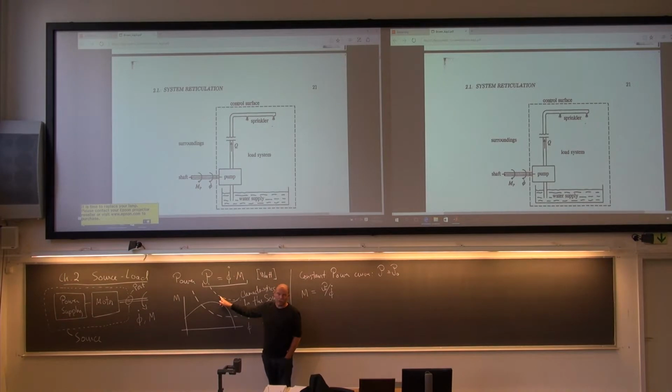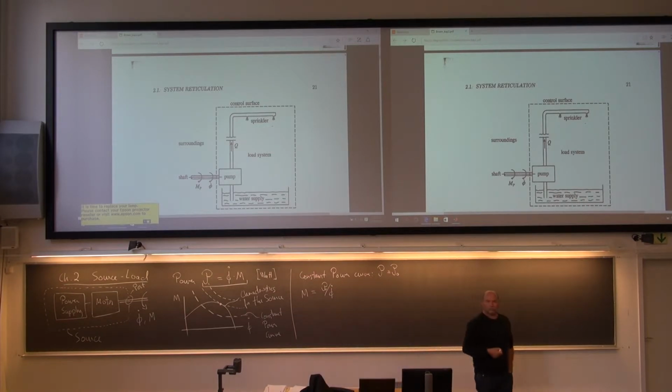Then you overshoot. This is not possible to get. But what you want is just to touch it here somewhere. So here we have the maximum power curve. Just touch it. At that point, you can get the maximum out of your source.